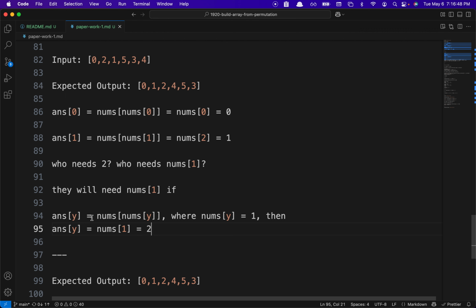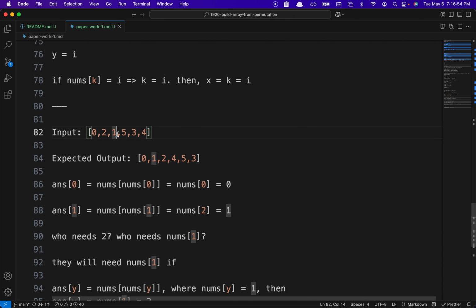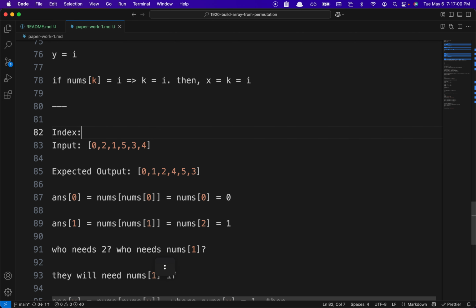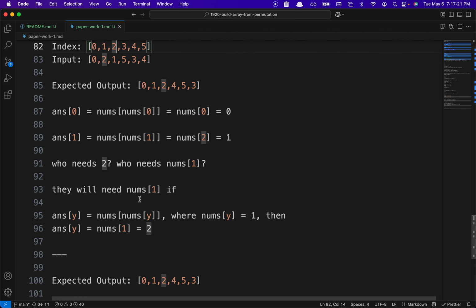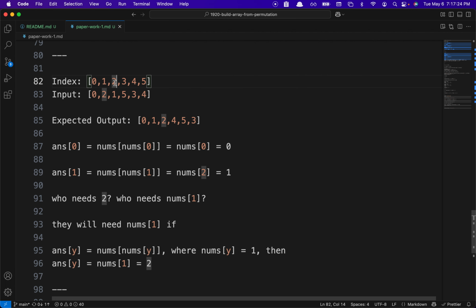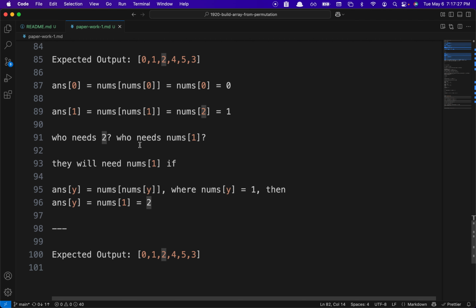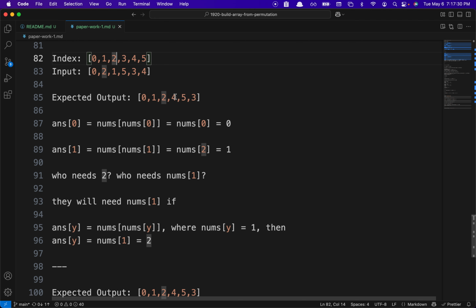So what is this y? Let's look at it. Nums of y is 1. So for which y is nums of y 1? It's basically the index, index 0, this is 0, 1, 2, 3, 4, 5. For the index 2, we'll actually need this 2. The output is 2, yes.